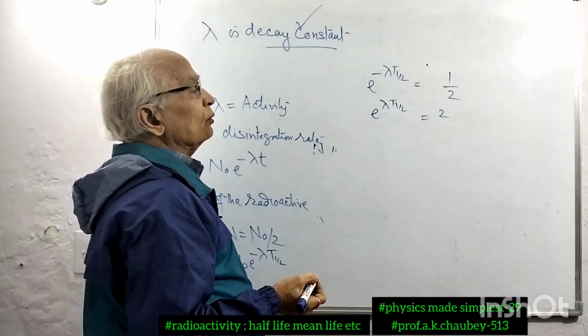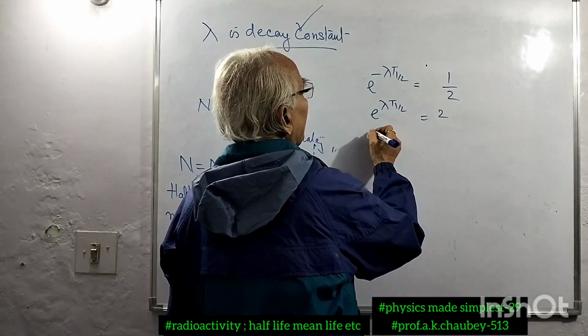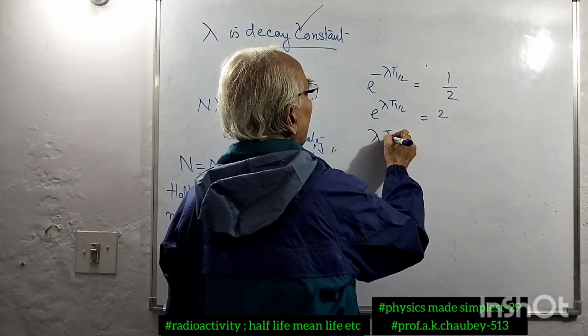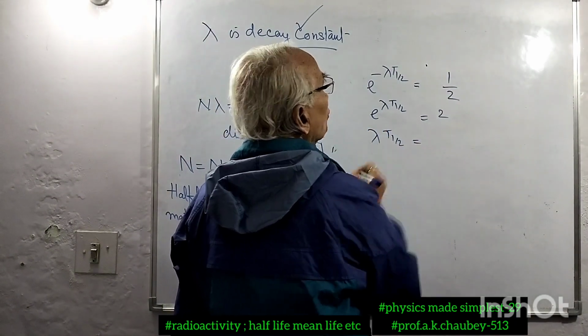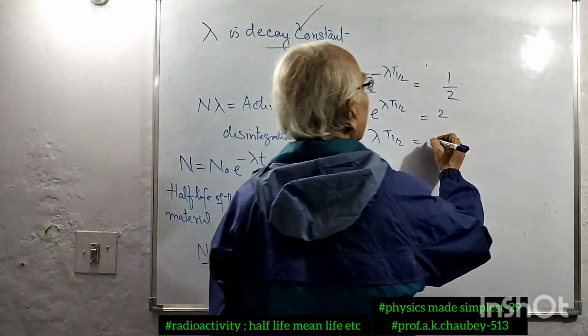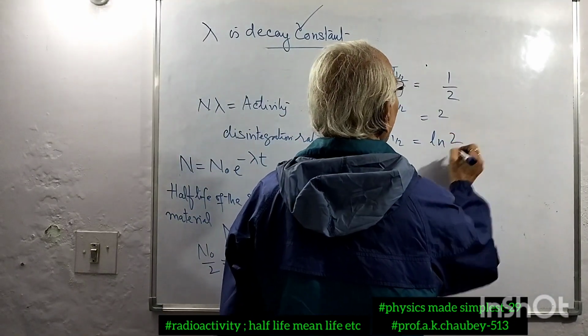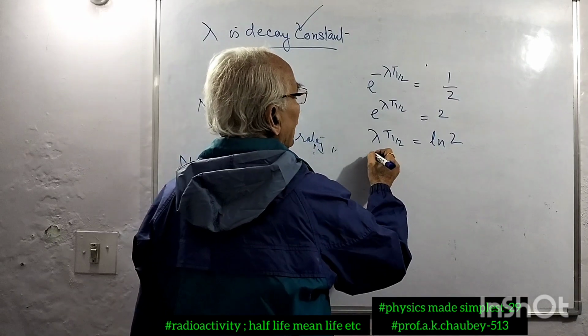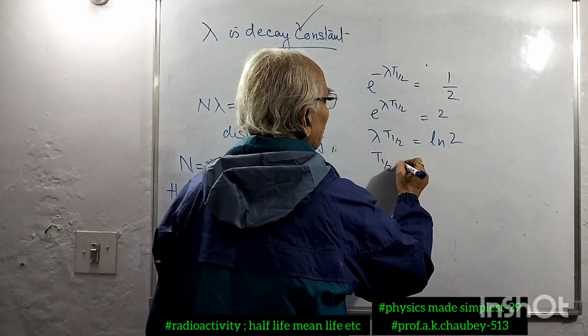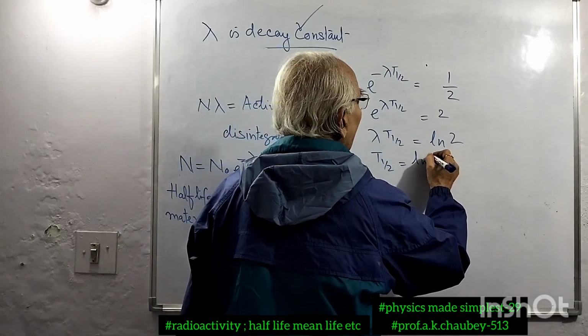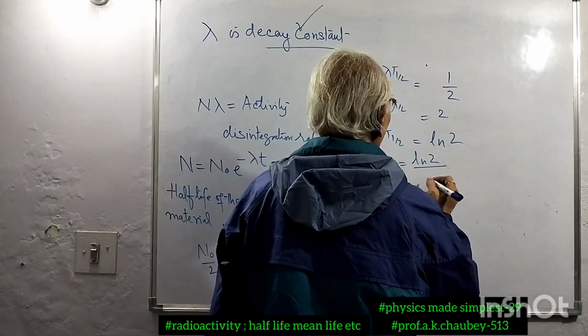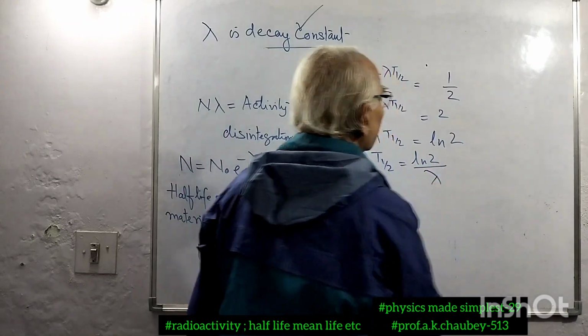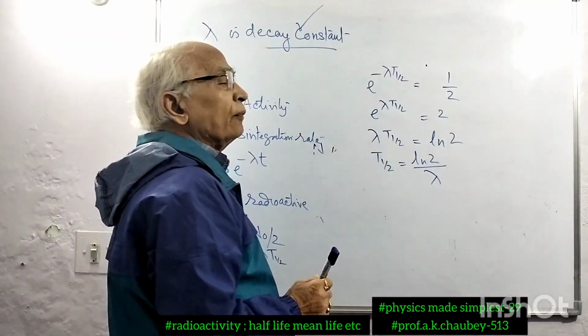From this you can find out that lambda T half is equal to natural log of 2, or T half is equal to ln 2 divided by lambda.